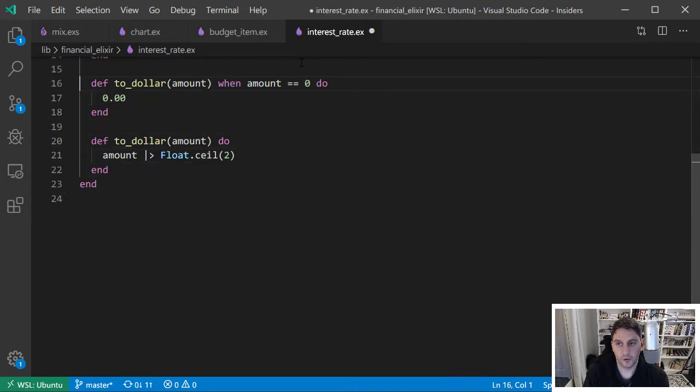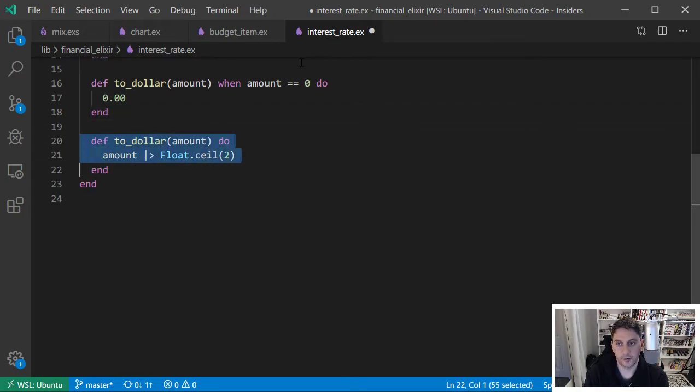Doing it this way, you can say we still have a function called $2 that takes an amount, but when that amount is 0, we can handle that case right away here. It helps keep this clean.